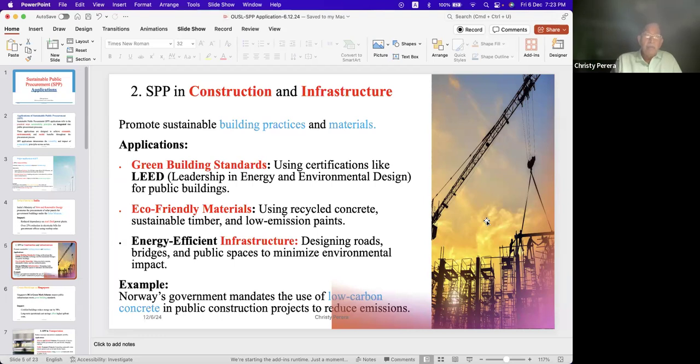So when they manufacture the cement, if they have minimized the emission of carbon dioxide, then when you have a construction also, you will reduce carbon dioxide emissions.